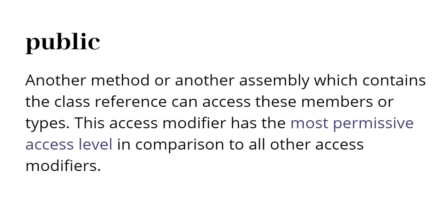In other words, with the public access modifier the code is accessible for all classes. If you use the public keyword, we can access this class or this method everywhere in the program.